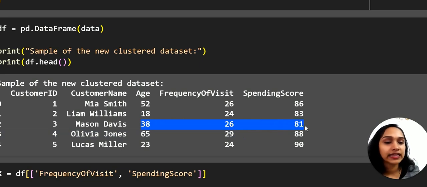His spending score is 81. Whereas the last, 5th person visits the mall 24 times a month, which is lesser compared to the third person, but his spending score is high. So when we cluster, this 5th person should belong to the class of VIP customers, or who spends more than the third customer. So let us see how the clustering is happening.